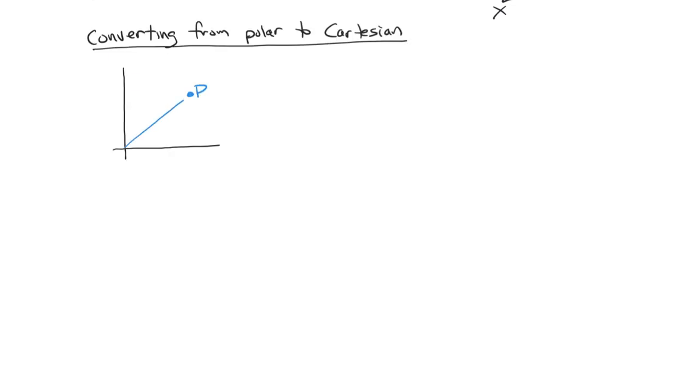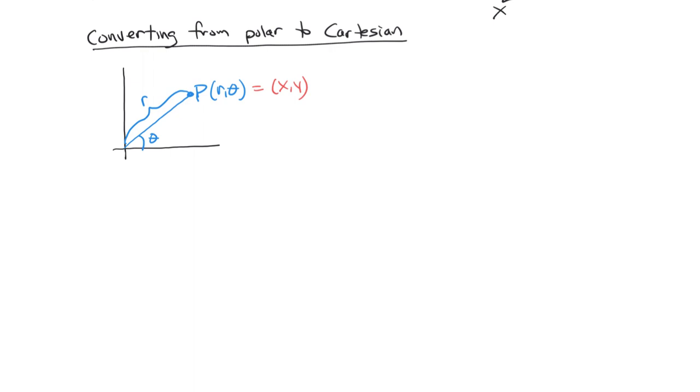And the way we got there is we went theta degrees or radians from standard position, we went out r units and we got there. And this is our theta. But what we want to do is convert this to Cartesian, so we want this converted to xy.